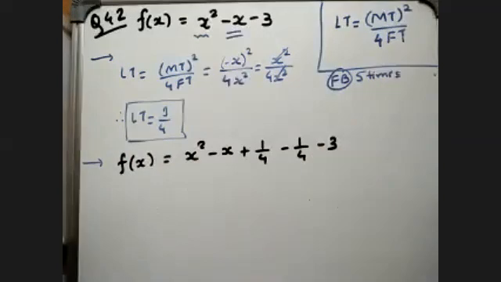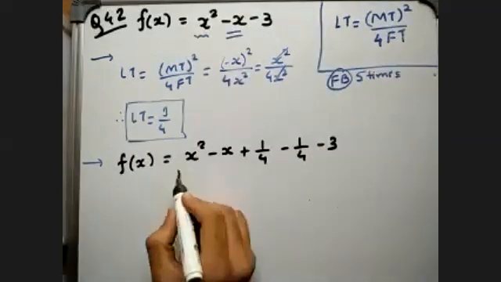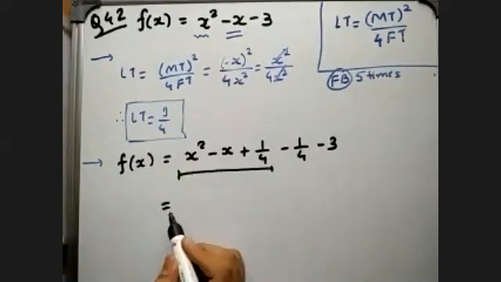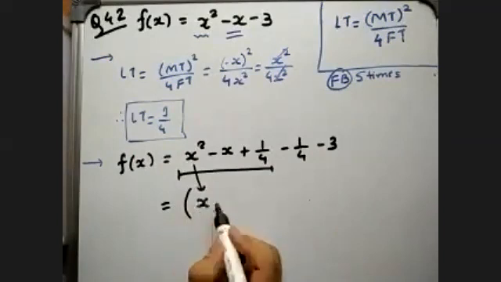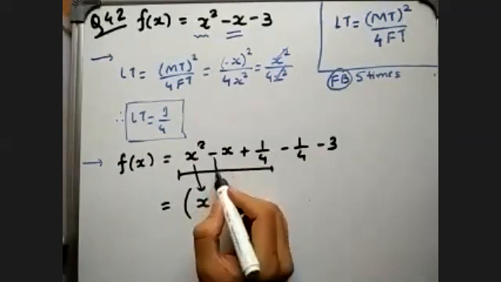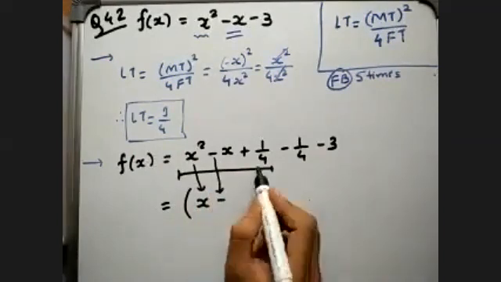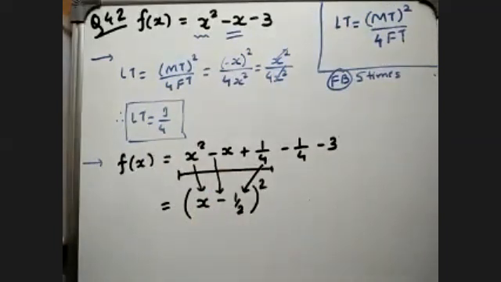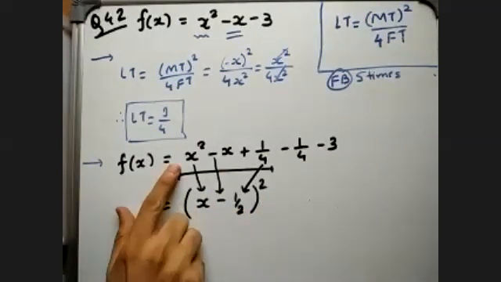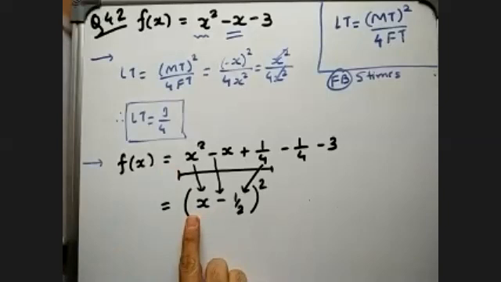So if you observe these three terms, you can write this as square root of first term, sign of middle term, square root of last term, whole square. Now write a minus b whole square, so a square minus 2ab plus b square.